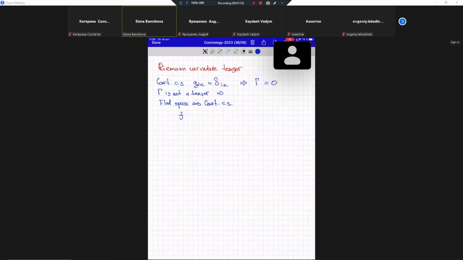So if we have some function and we consider the second derivative of this function, for example, I can consider the operator d by dx^i, d by dx^j, applied to this function. It doesn't matter in which order we do this. So we can also write d by dx^j, d by dx^i, f. It's understandable.